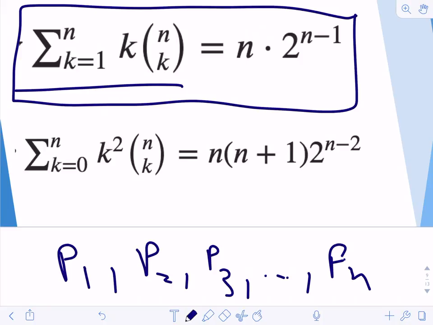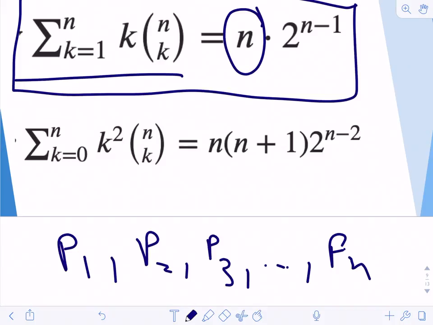All right, but there's another way that you could do this. You could instead choose the leader of a committee first, and then decide whether or not the rest of the people should belong to this committee or not. So on the right-hand side, the n here corresponds to picking one of these n people to be the leader.